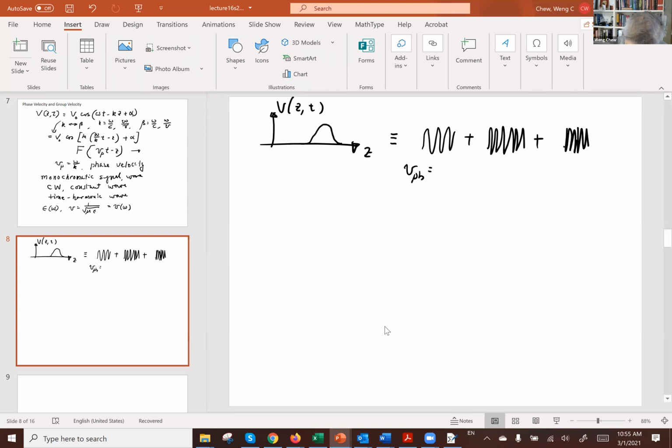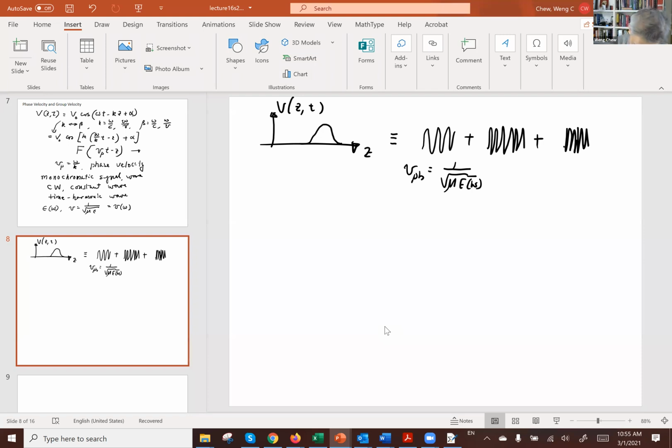Sorry, the phase velocity will be given by this equation over here. And you can see that because epsilon is a function of frequency, different frequency components would propagate with different phase velocity. And what happens is that the phase velocity difference makes the pulse get distorted as it propagates.